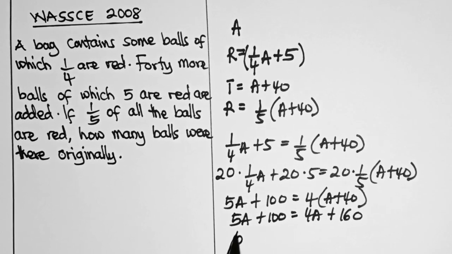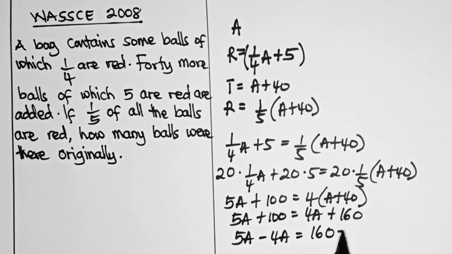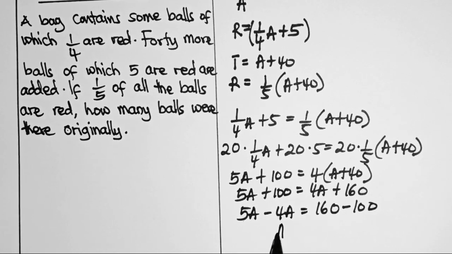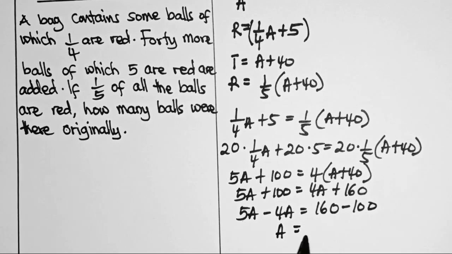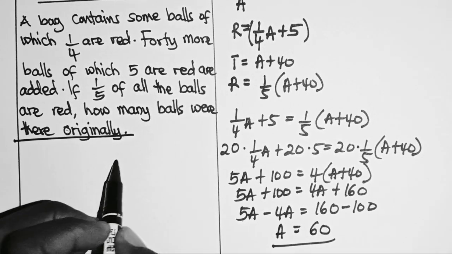So we now have 5A minus 4A equals 160 and minus 100. So if we subtract, we get A equals 160 minus 100 is 60. So what it means is that the number of balls that were originally there are what? 60 balls.